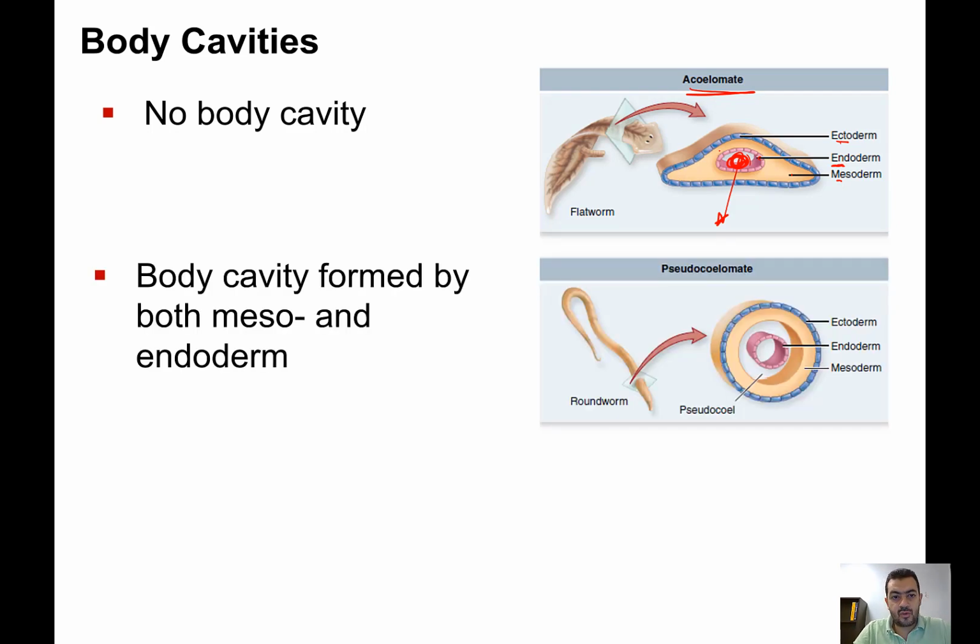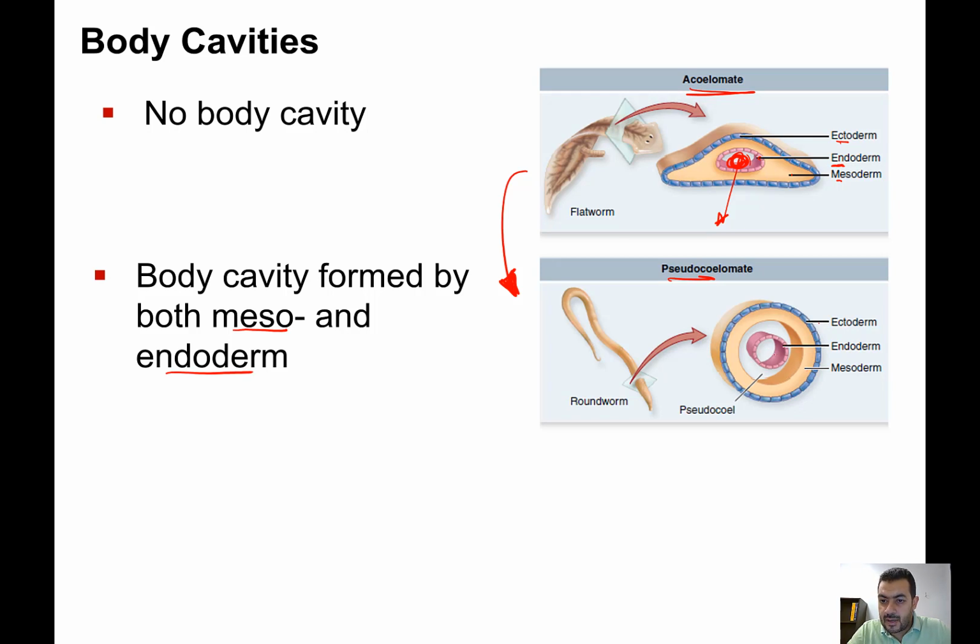Then the next group will be called the pseudocoelomates. Pseudocoelomates are characterized by a body cavity that is lined by both the mesoderm and the endoderm. This follows the previous one in terms of development. Animals having a pseudocoelom are more developed than the acoelomates. So this is the ectoderm, the outermost layer, then the endoderm, the innermost layer, then the mesoderm.